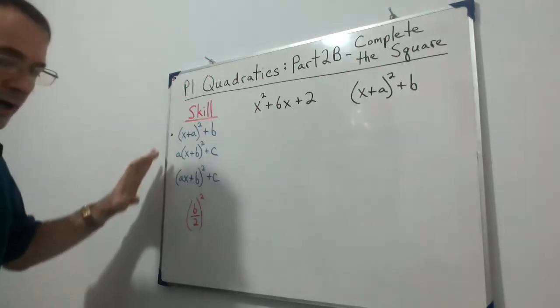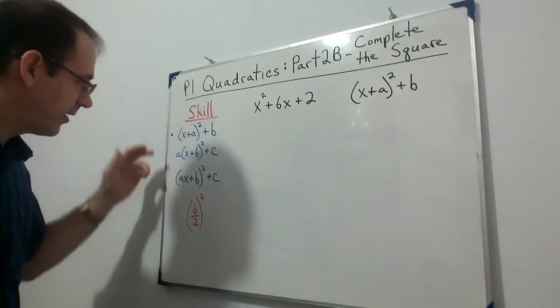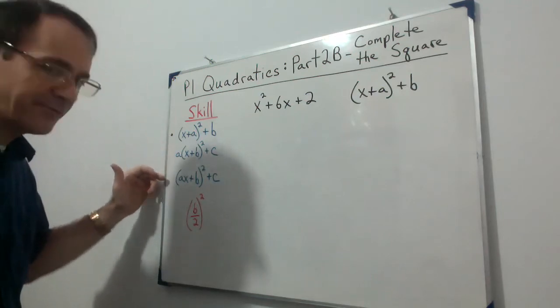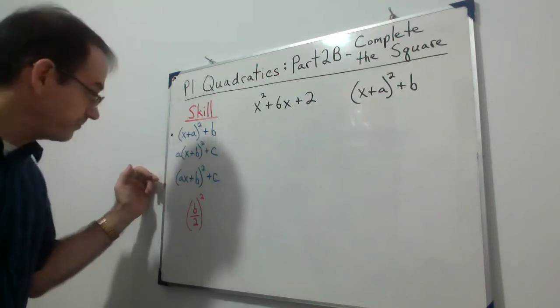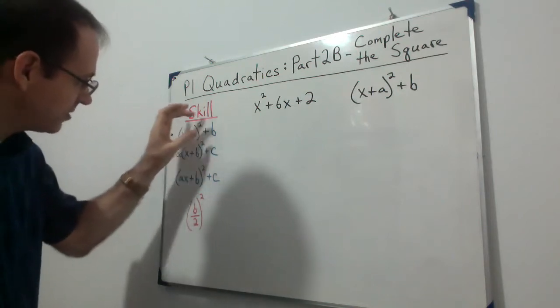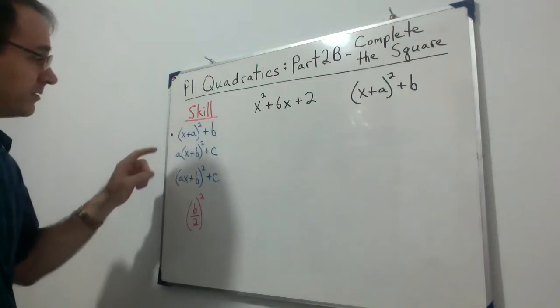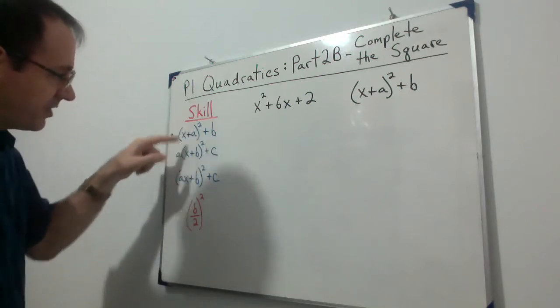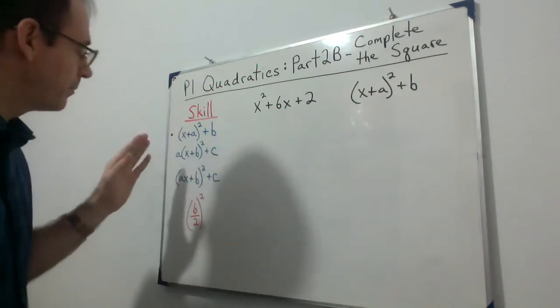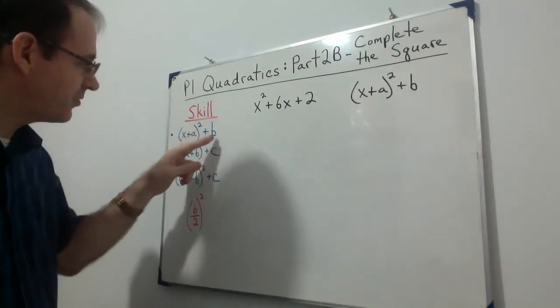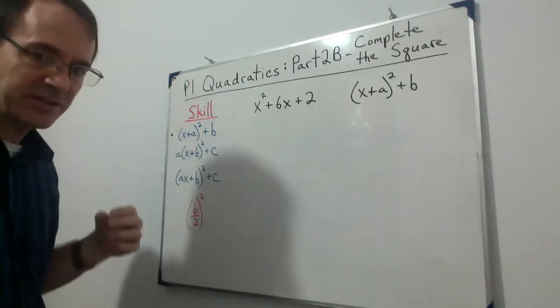But first I want to point out that there are actually 3 levels of difficulty that we're going to face in the Cambridge questions. There's this first basic level. Notice all of them have this square, the complete the square part, but this one only has 2 other numbers involved.